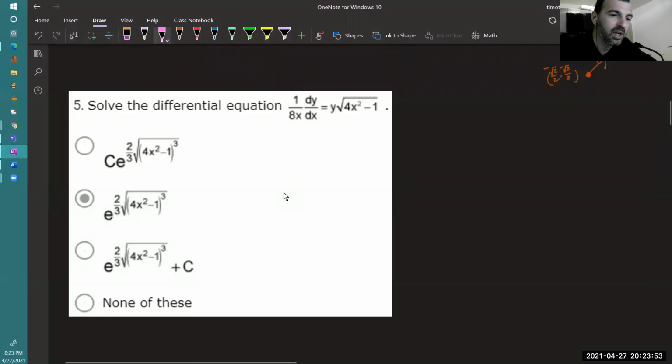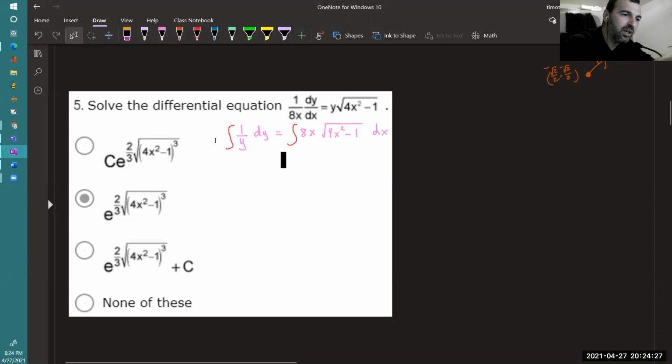So I'm going to go with 1 over y dy equals 8x over the root of 4x squared minus 1 dx. And there, separation of variables. Now integrate both sides. Sorry, I meant integrate both sides. And we end up having a nice little, attractive little integral here. So here's my integral.